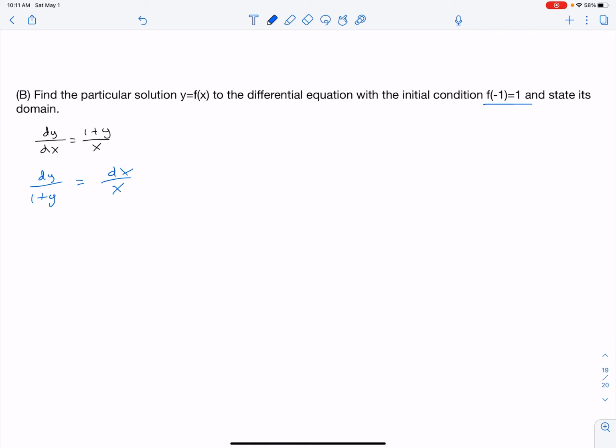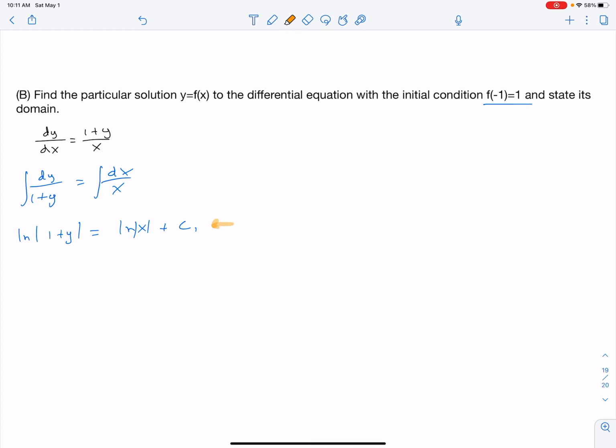When we integrate these two, they're both natural logs. So we get the natural log of 1 plus y equals the natural log of the absolute value of x plus some c.